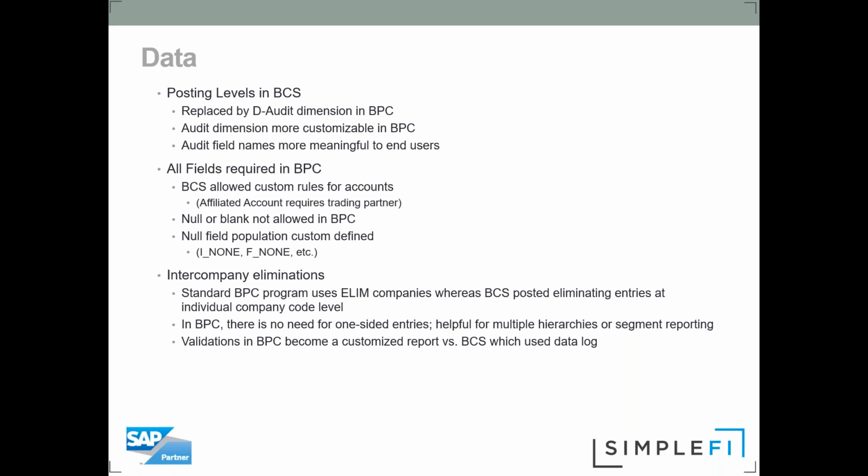So when I run a consolidating report, I'm able to see all of my entities and my elimination company as well, in my different columns. It's very easy to create those. So again, there's no need for the one-sided entries. It proved to be very helpful for having multiple hierarchies, as well as some of the segment reporting that was done.